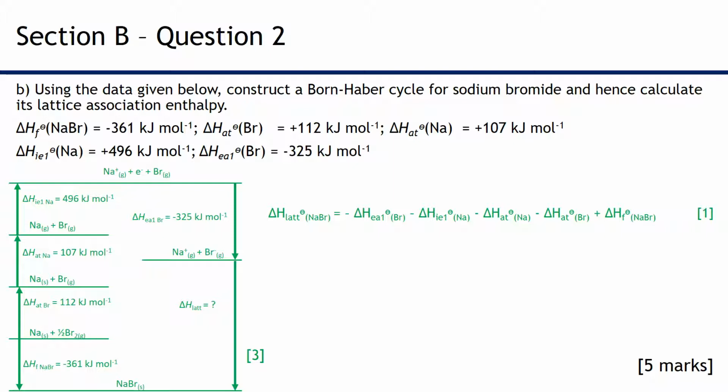And in this case, we're going the wrong way along the arrows, so we invert the sign on each of them, so we put a minus in front of them. And then we're going to go along the arrow the correct way for the enthalpy of formation for sodium bromide, so we can represent that as a plus in this equation here. So we can add or subtract all the values together accordingly, and that will give us a lattice enthalpy of minus 751 kilojoules per mole.